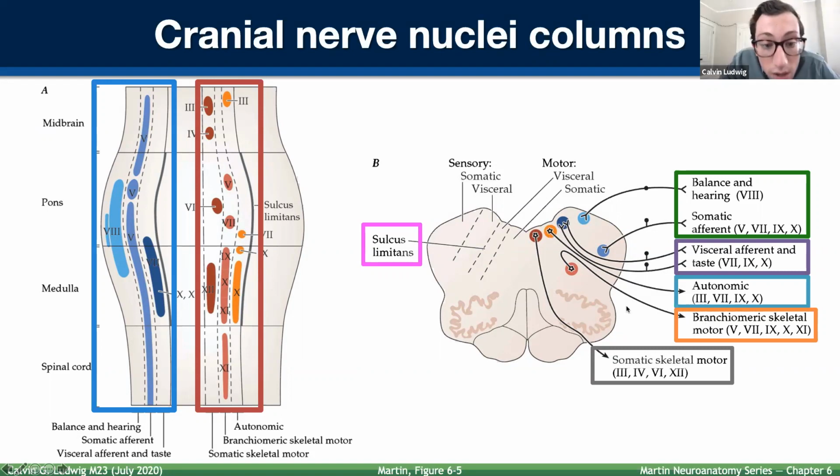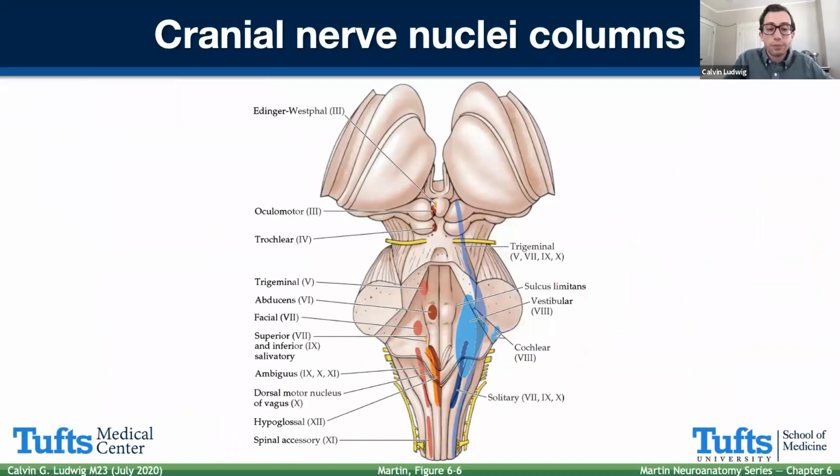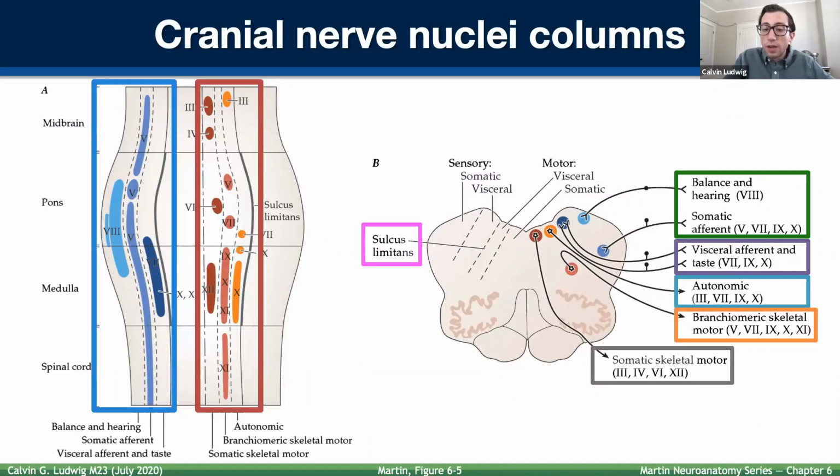So this loops around here to this darker orange. Now, finally, the sulcus limitans is a shallow groove that separates the sensory and motor columns during development and remains as a landmark on the floor of the 4th ventricle in the adult brain.